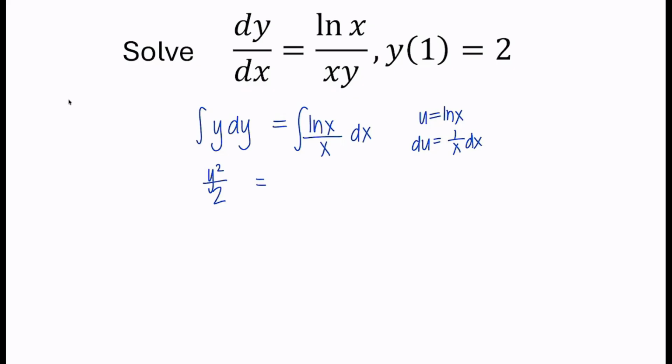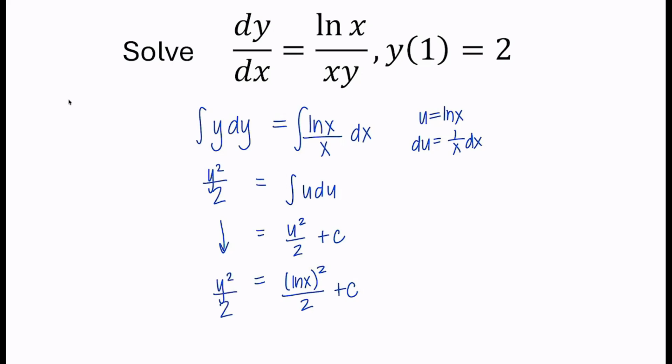So now this is really just u du. And that integrates to u squared over 2 plus c. And u was natural log x, so we'll put natural log x in parentheses. All of that is squared over 2 plus c, and that is equal to, if we bring this down, y squared over 2.